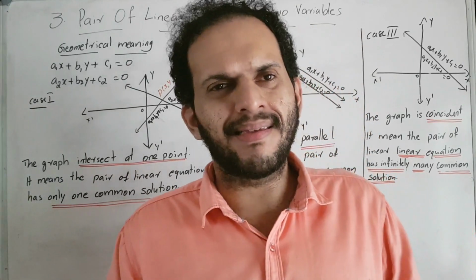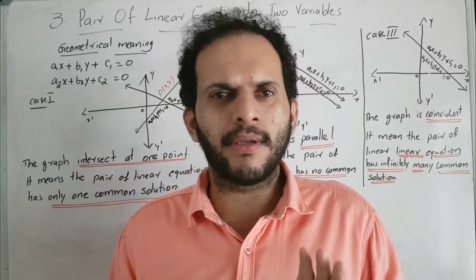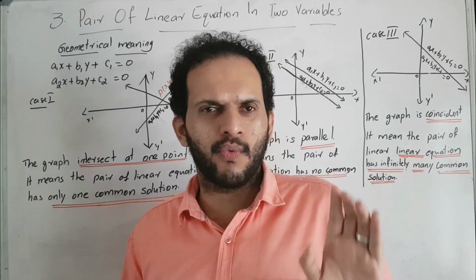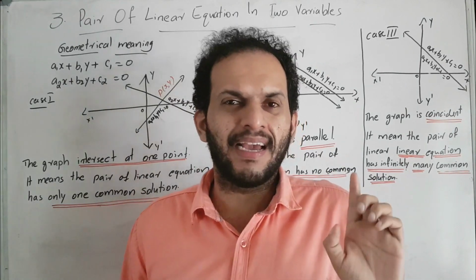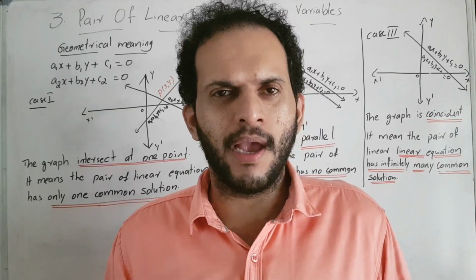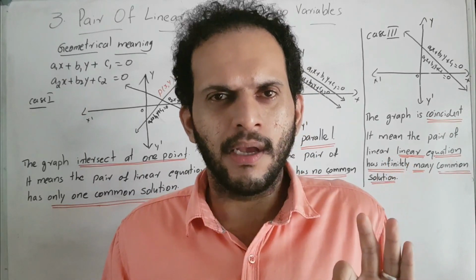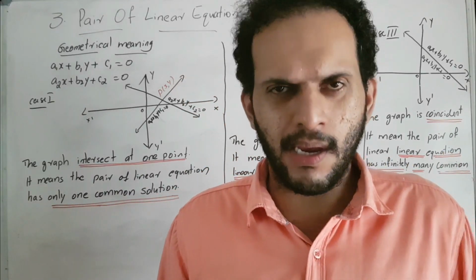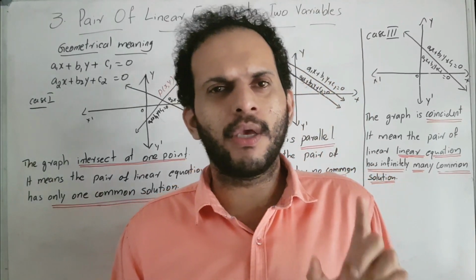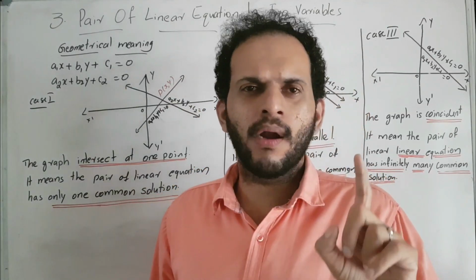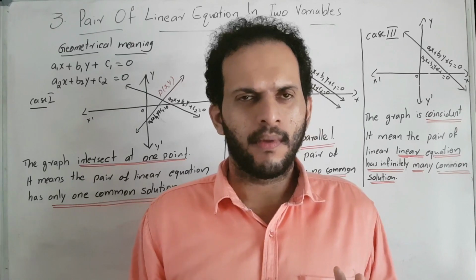Then these are the three cases that exist in the geometrical representation of a pair of linear equations. The first case: the graphs intersect, which means the pair of linear equations has exactly one common solution.